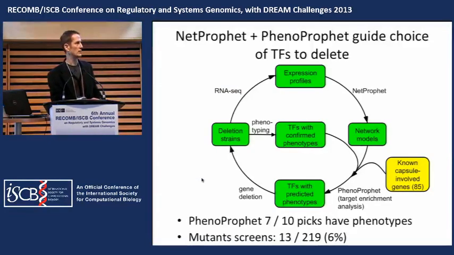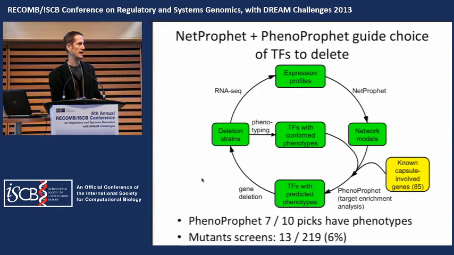The workflow starts with transcription factors that are suspected of having a capsule-related phenotype, and a few were known before we started. We deleted these transcription factors and then carried out RNA-seq, and then we fed the expression profiles into net profit. At the same time, we measured the capsule size of the deletion strains for each transcription factor.